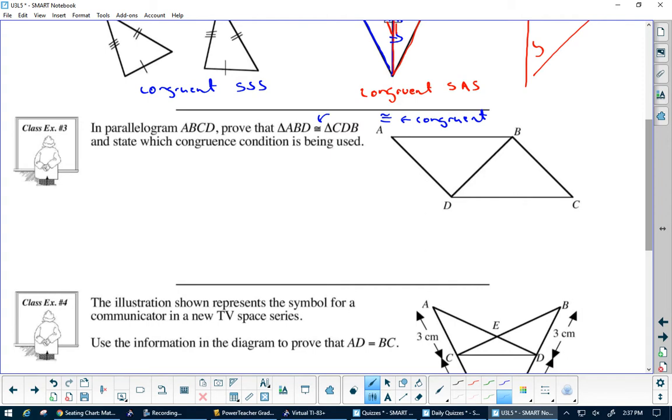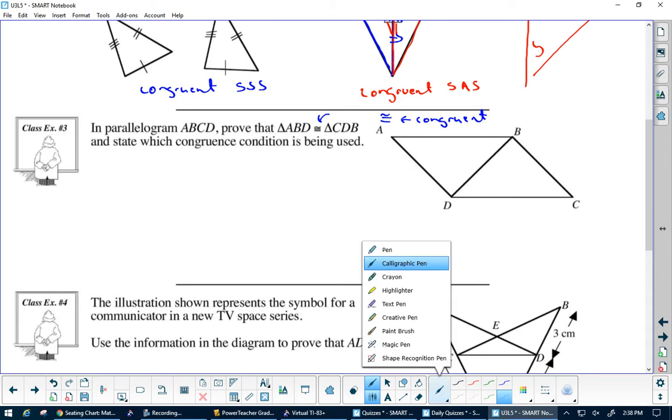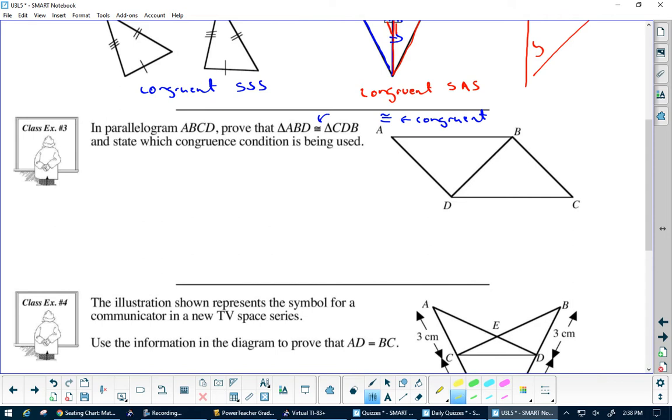So an equal sign with a squiggle means congruent. Okay, so I have to prove that ABD, so I'm going to do that with a yellow highlighter, this triangle ABD, I have to prove is identical to CBD.